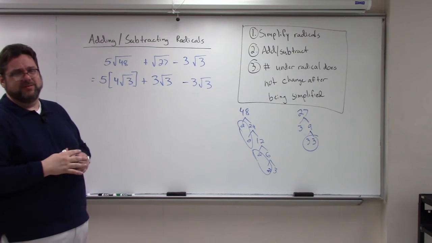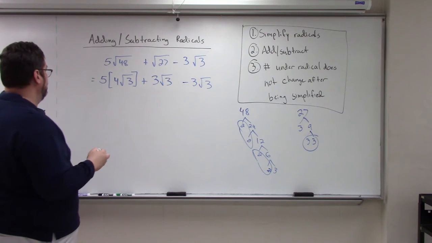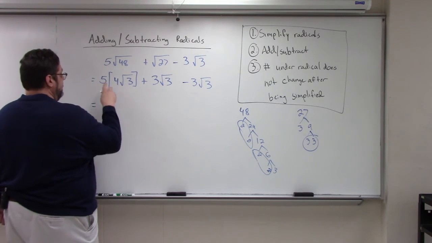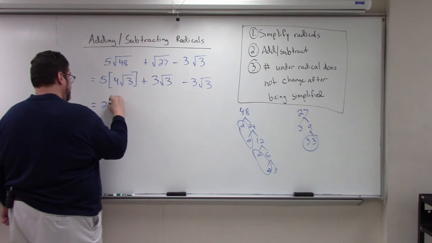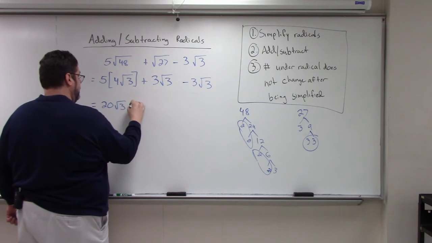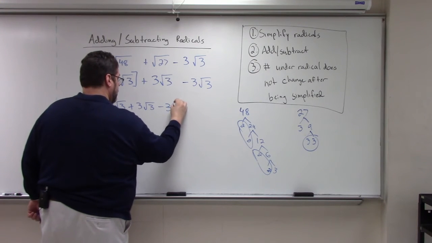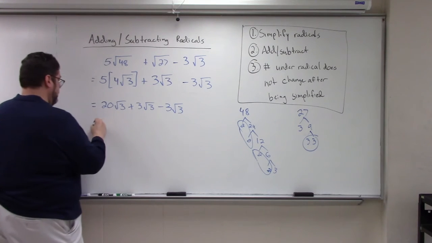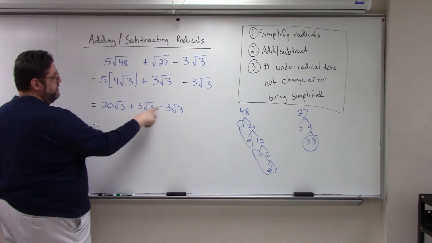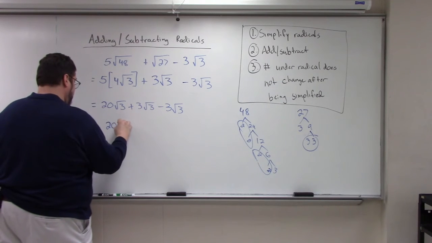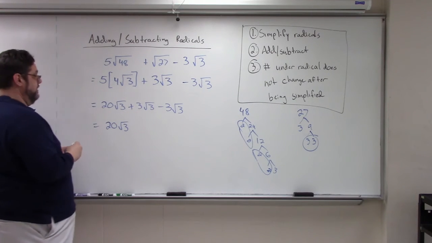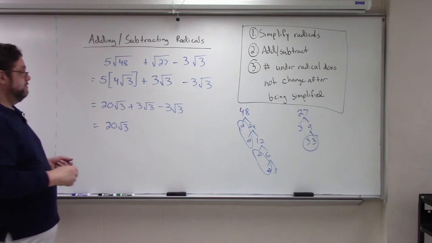You can't do anything with that. Okay. 5 times 4 is 20, square root of 3. All right, 20 plus 3 is 23, minus 3 is 20 times the square root of 3. That's our answer.